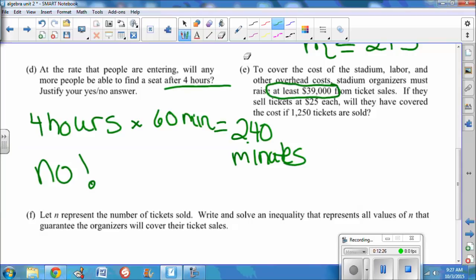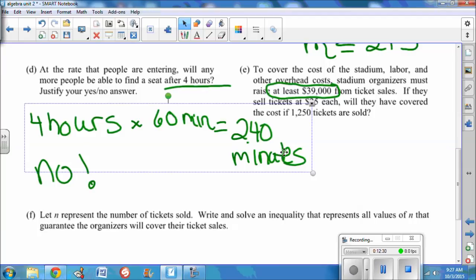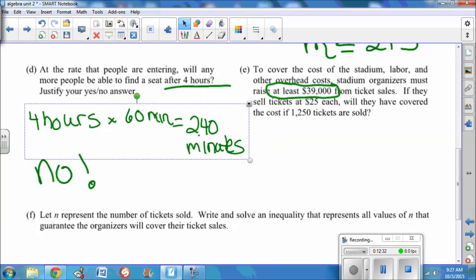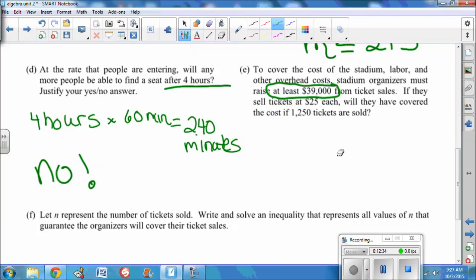At least. Okay, so that or more has to be raised. So let's see what other information they give us. It says if tickets sell at $25 each, will they have covered the cost if 1,250 tickets are sold?